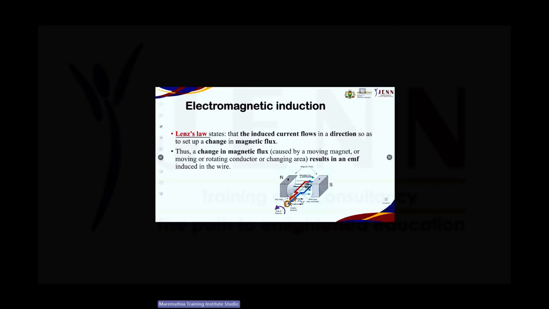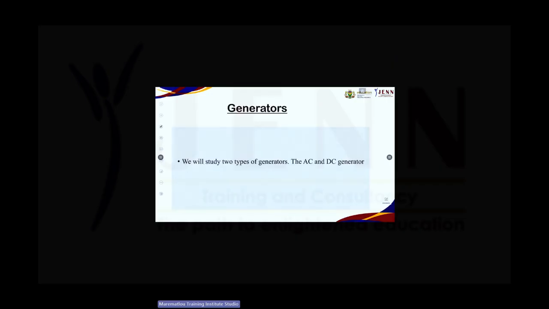Now, with our generator, we are going to look at two types: our alternating current generator, and also our DC generator.